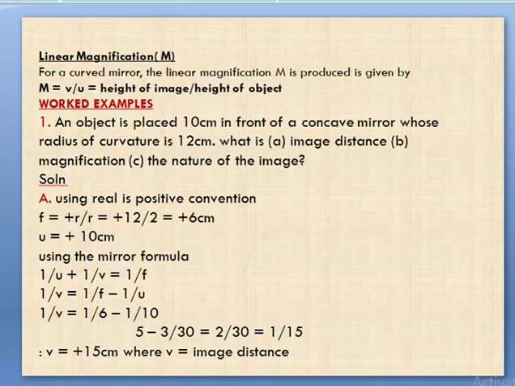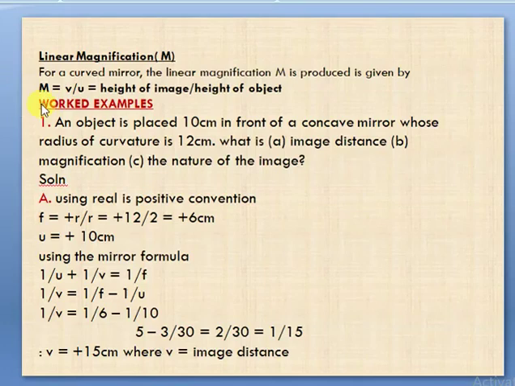Then we equally saw linear magnification, which we can calculate using the formula M = V/U, that is image distance over object distance, or image height over object height. Remember, linear magnification does not have what? Units. Now today we are going to take some examples under this curved mirror.